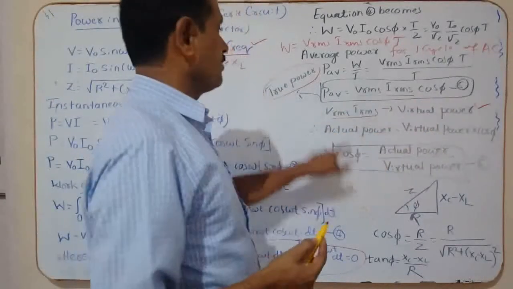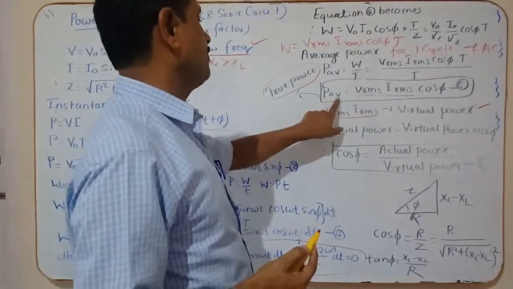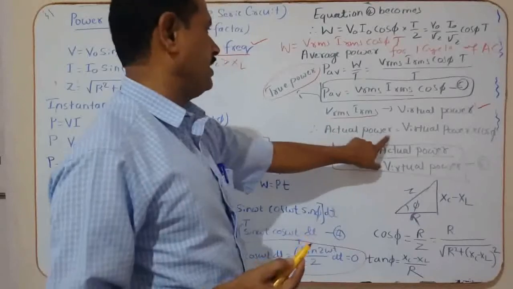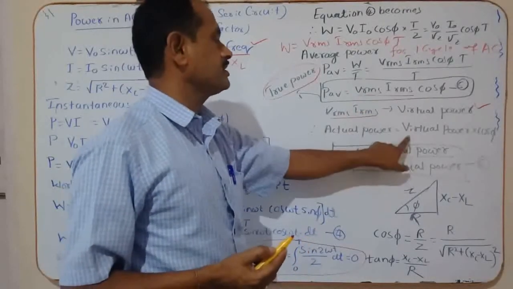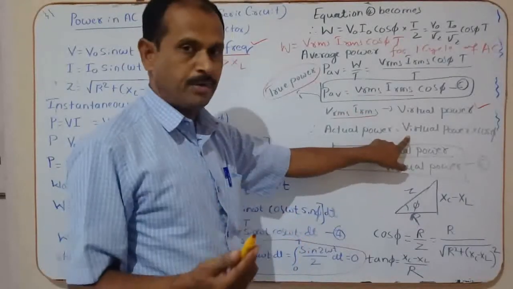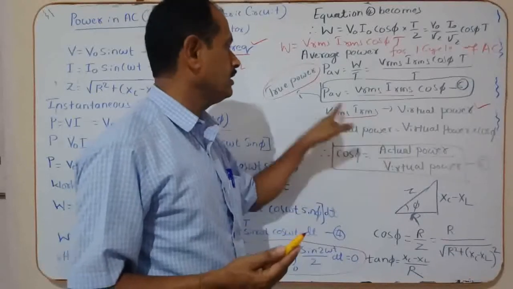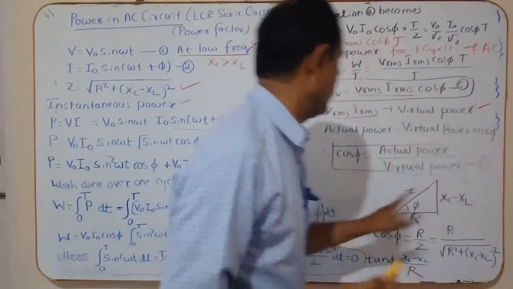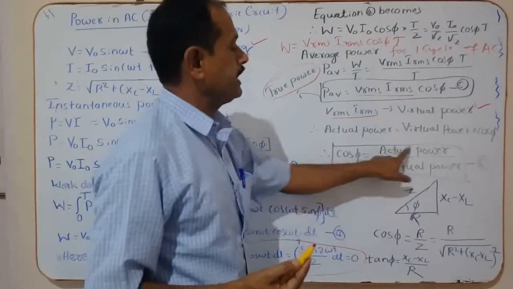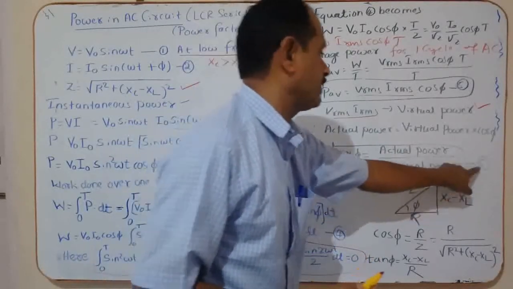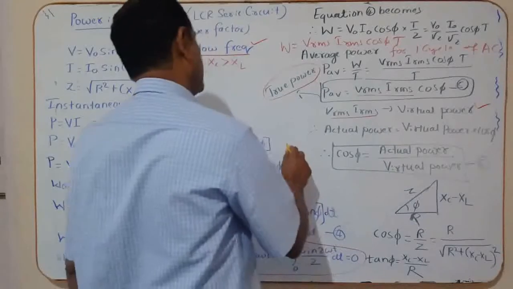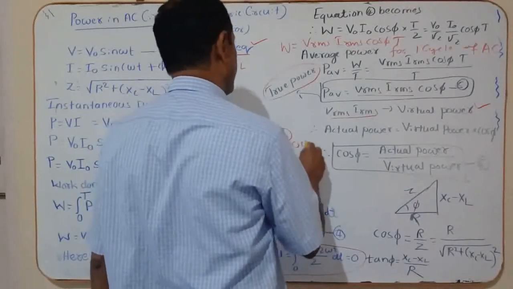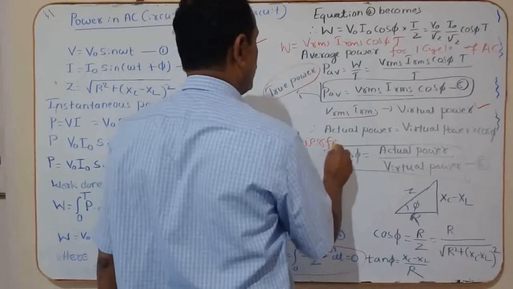Now equation 5 becomes what we want to see here. Average power, this is the actual power. P rms into I rms is the virtual power. This is the actual power, P average, this is the virtual power into cos phi. Now cos phi is equal to actual power divided by virtual power, equation number 6. It is the expression for what we call the power factor.